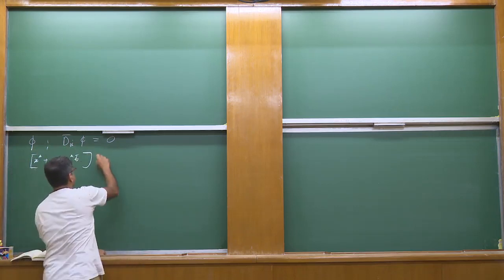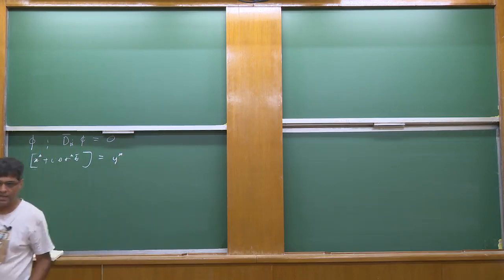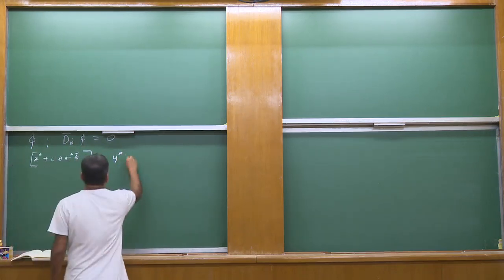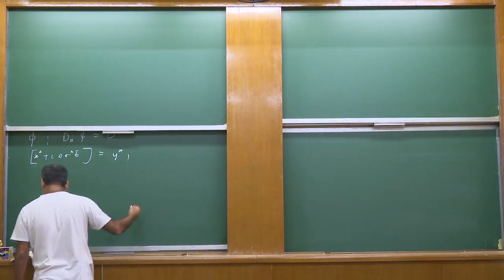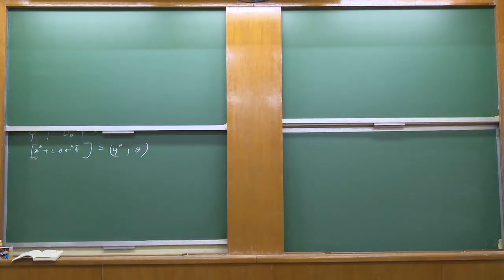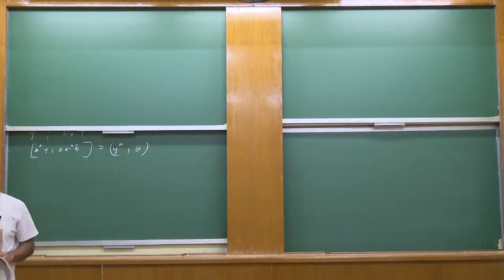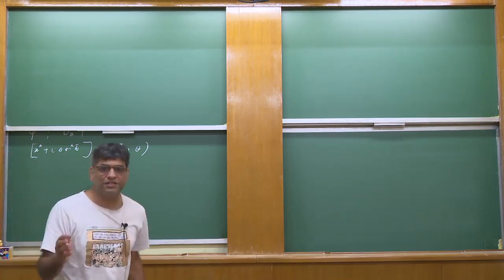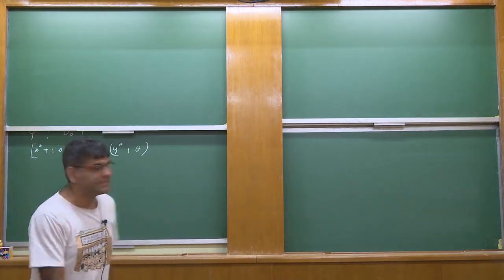This we sometimes call y mu, and it can also be a function of theta. So all such fields were functions of theta and this y mu, where y was this linear combination of x and bilinears in theta.